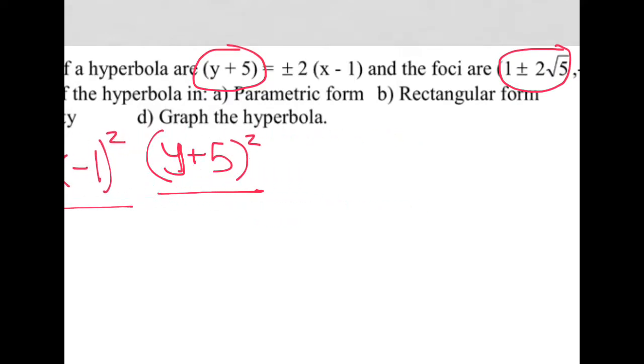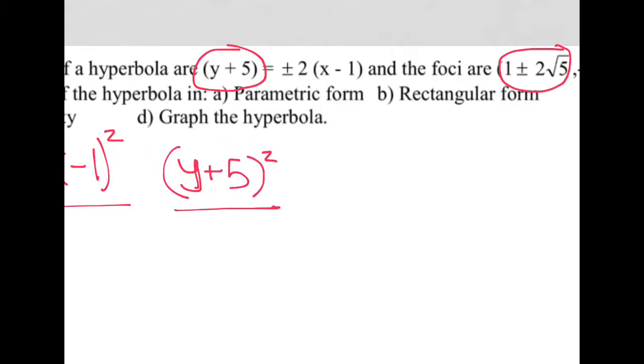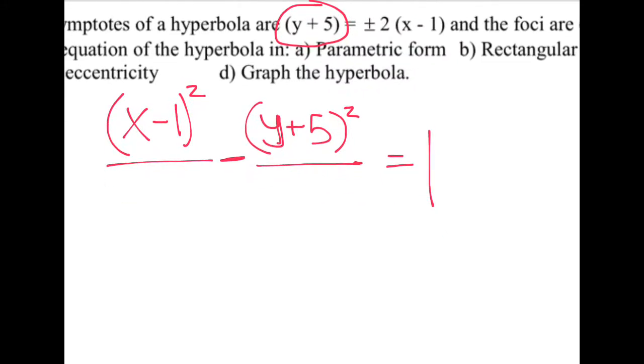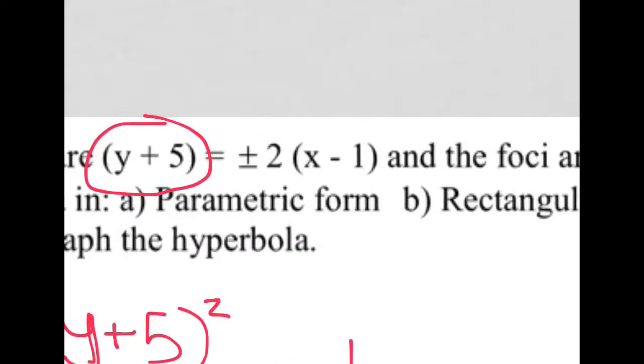So I'm going to write my x term to the left of my y term, and I will subtract my y term from my x term, and remember this will equal 1.